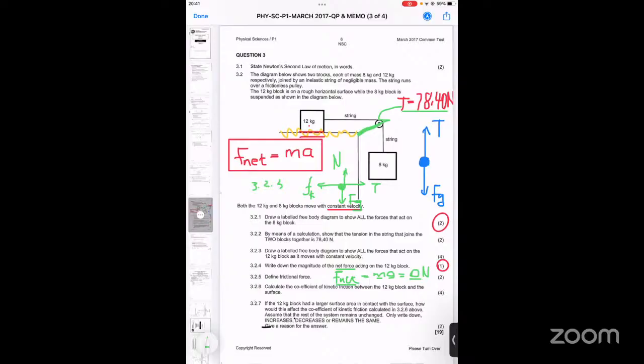Let's see. Okay, Mentloke noted. And the lesson has been recorded.